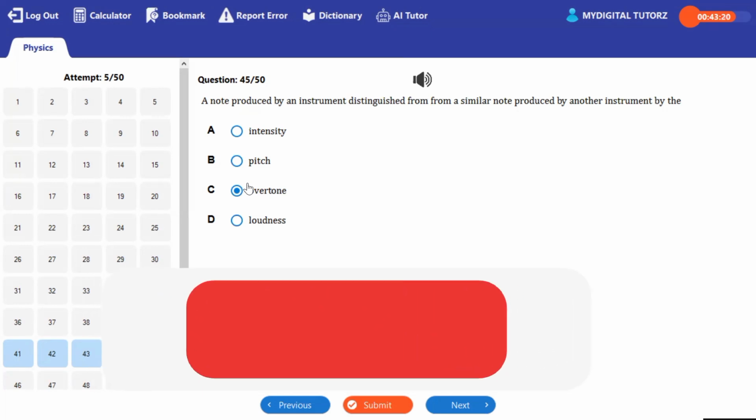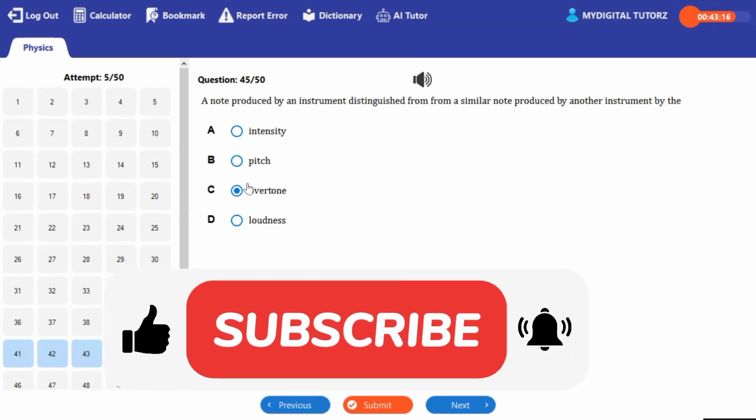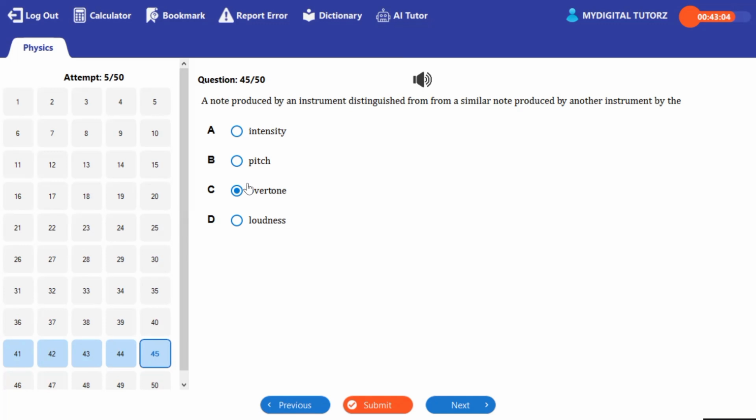So if you and your friend say hello, whether you say it louder or lower, one can distinguish your sound from that of your friend. So what made it so is the overtones, your special way of sounding. The same thing is applicable to musical instruments.